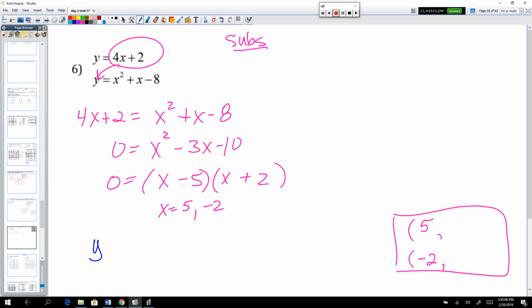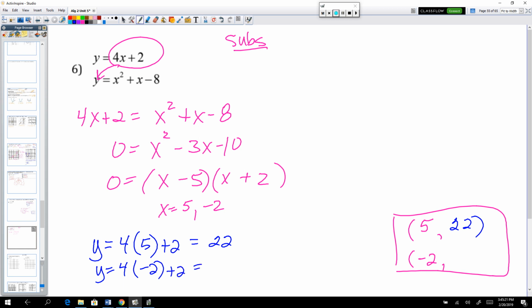So y equals 4 times 5 plus 2. That's our first one. So this must go with a 22. And then y equals 4 times negative 2 plus 2. So that's negative 8 plus 2 is negative 6. So that's our answer there.